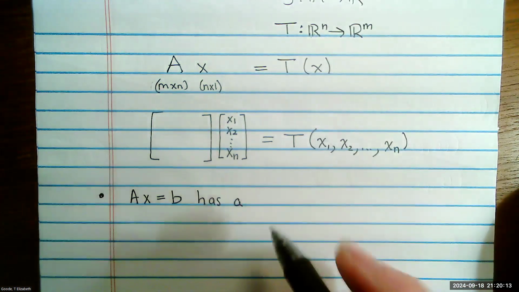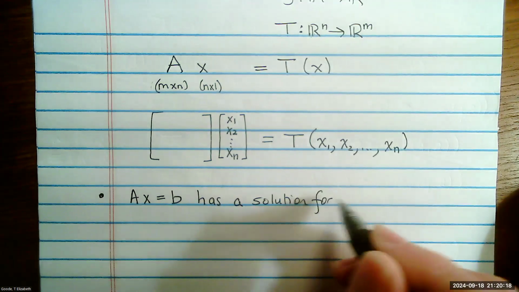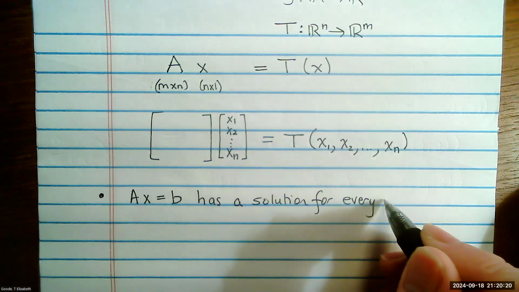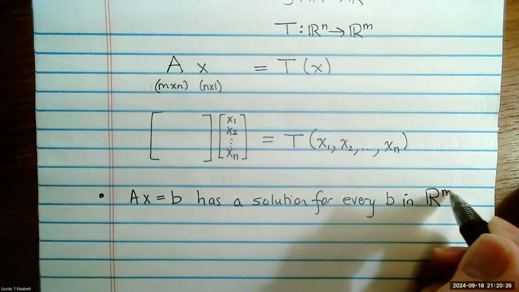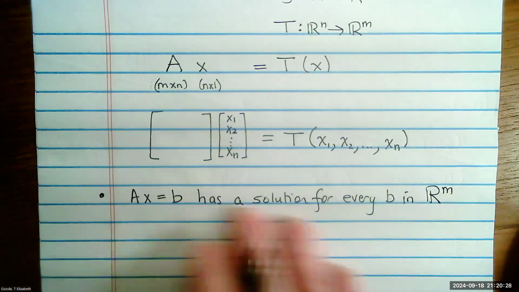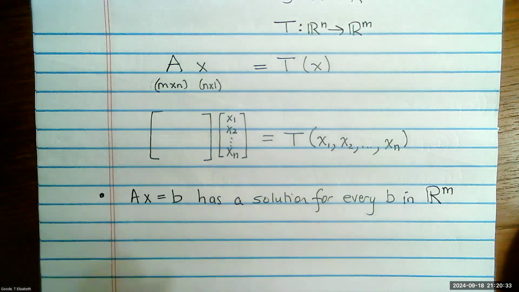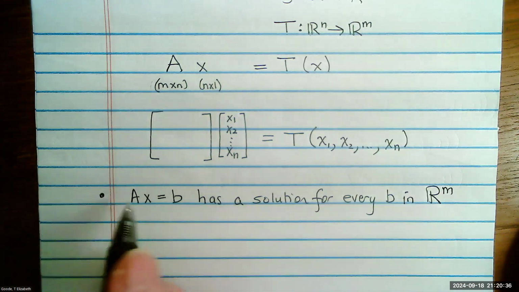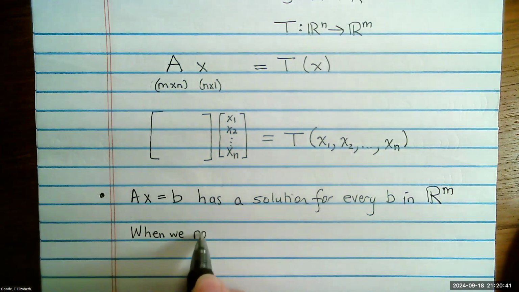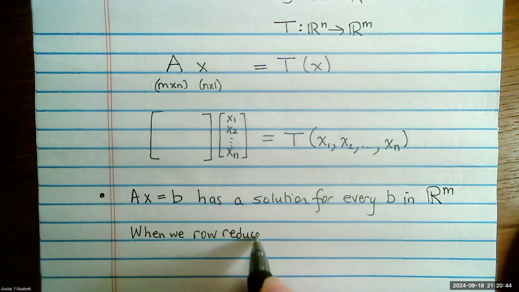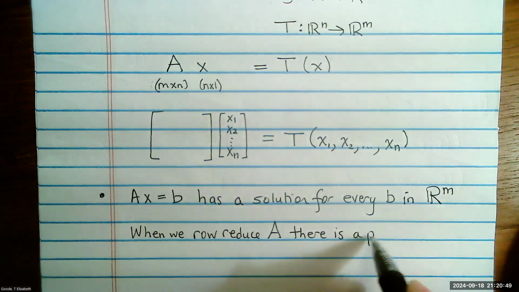So AX equals B has a solution for every B in Rm. Okay, so that's a statement. But there are lots of ways to say the same statement or to see if that's true. Another way to see this is that when we row reduce A, there is a pivot in every row.